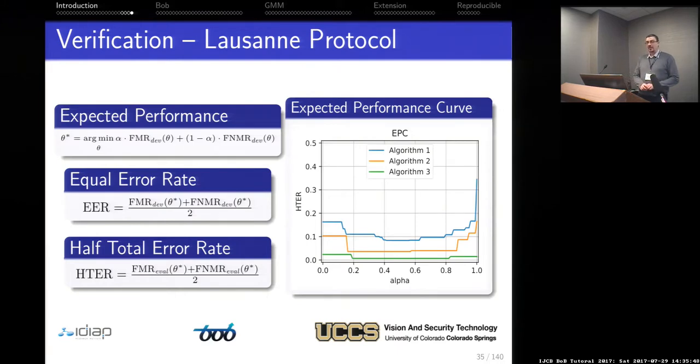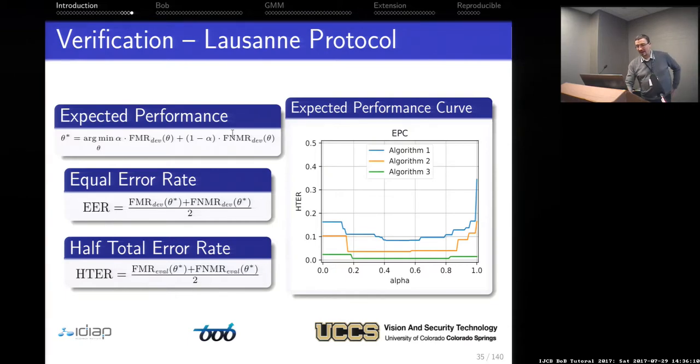And finally, when your data set contained the Lausanne protocol, one relatively new measure is the expected performance curve, where you compute your threshold based on a given alpha.